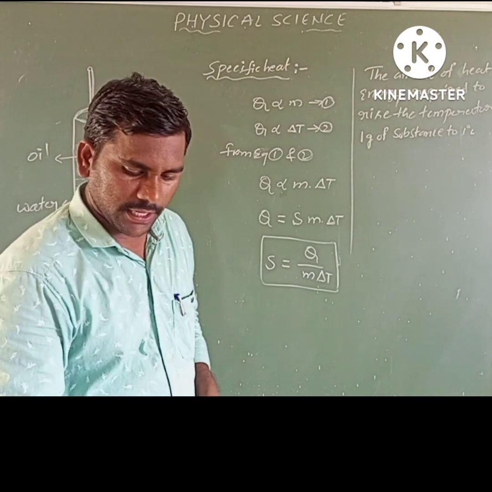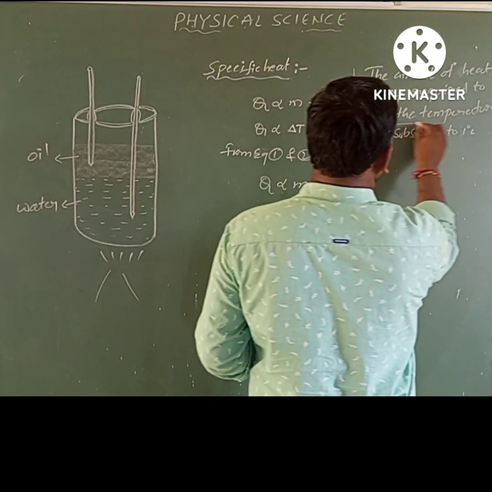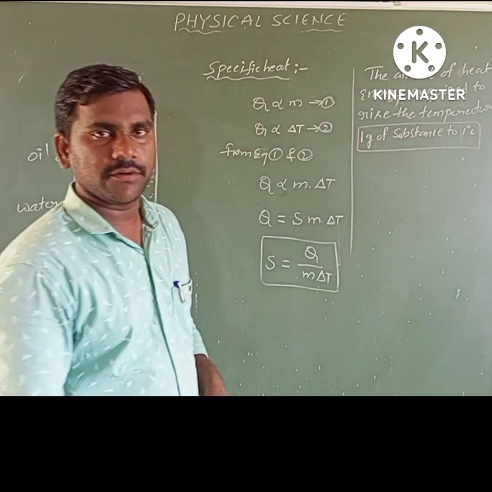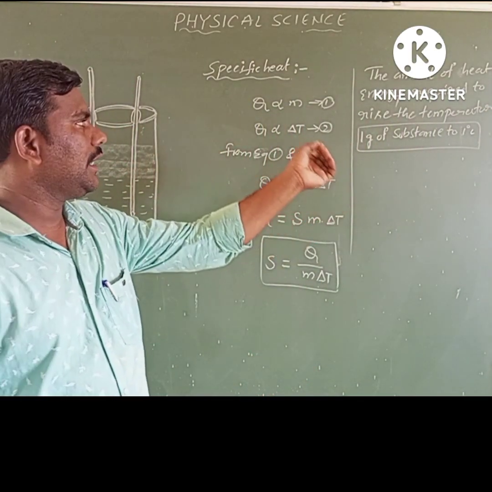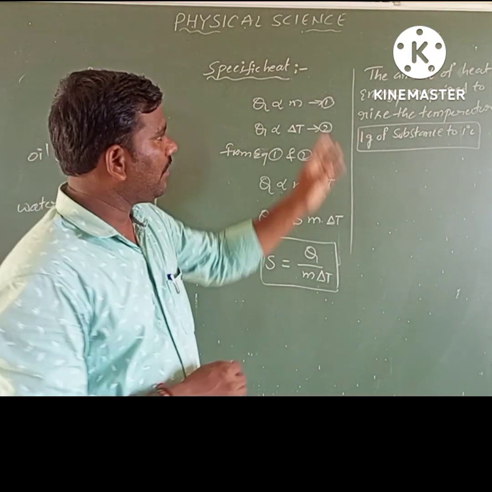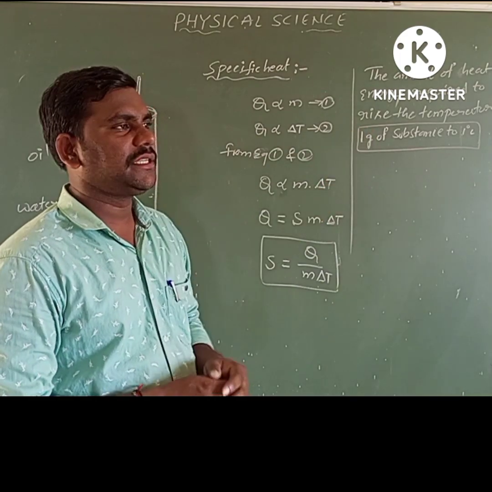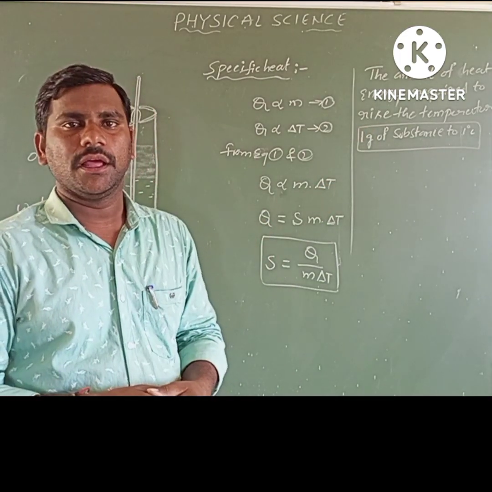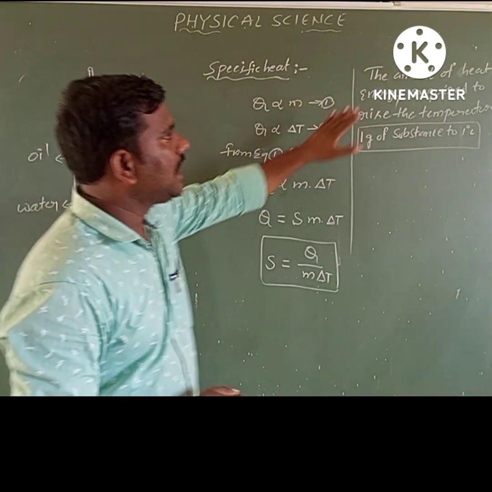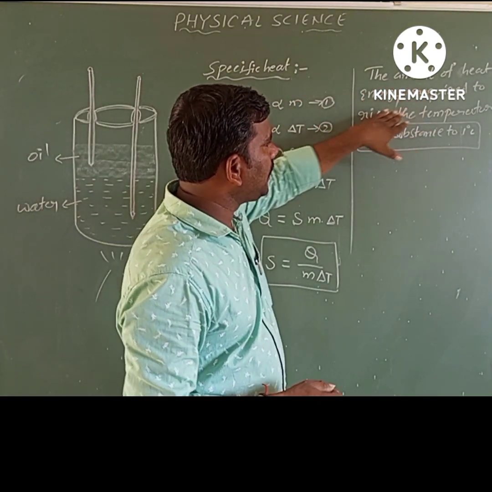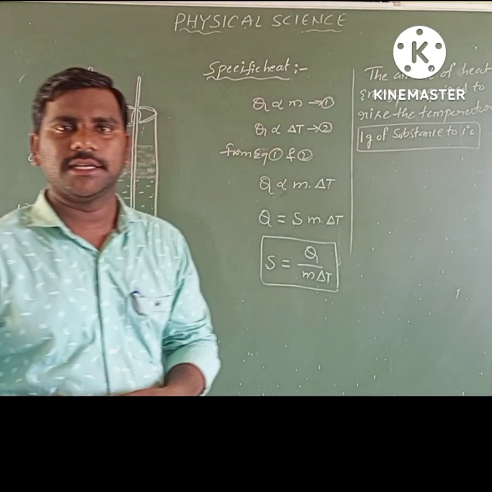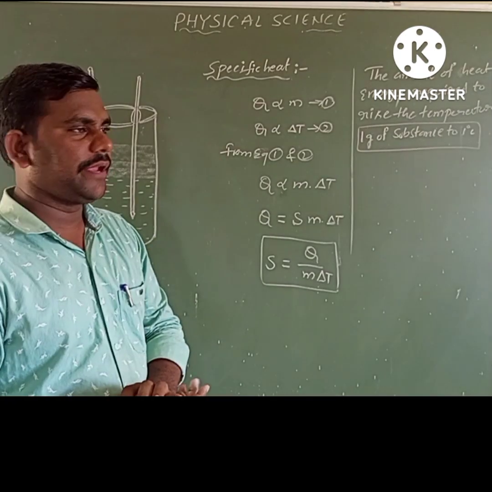Clearly observe: 1 gram of substance, 1 degree Celsius. You already know the 1 calorie definition. Calorie means the amount of heat energy required to raise the temperature of 1 gram of water by 1 degree Celsius. Specific heat means the same for 1 gram of substance. So this is the specific heat formula.